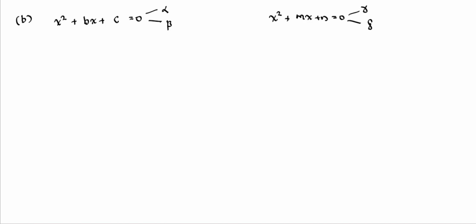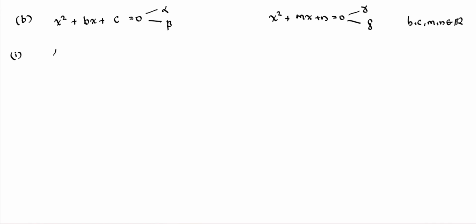Gamma, delta. b, c, m, n are real numbers. Write that also. Roman 1. Find alpha minus beta squared in terms of b and c.